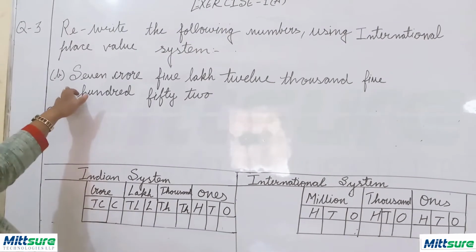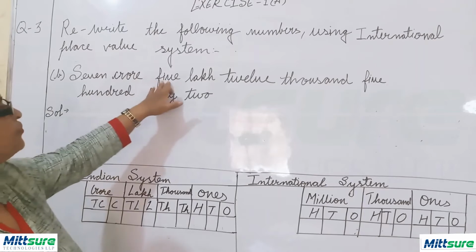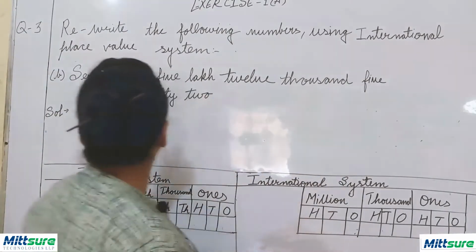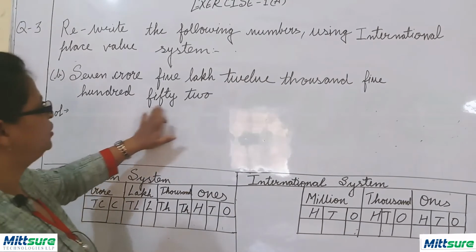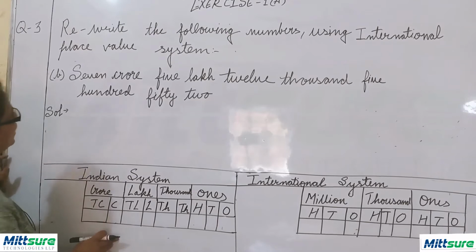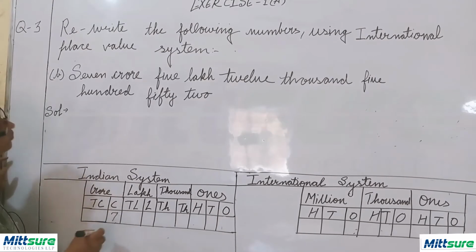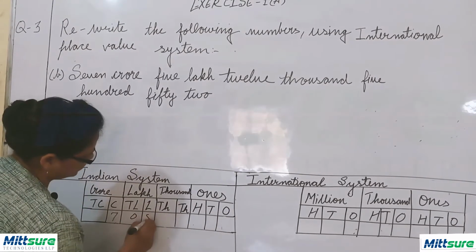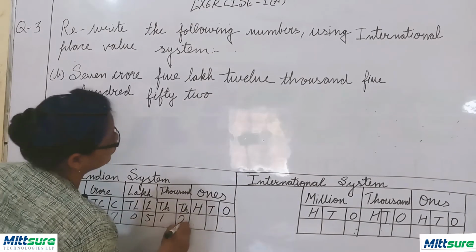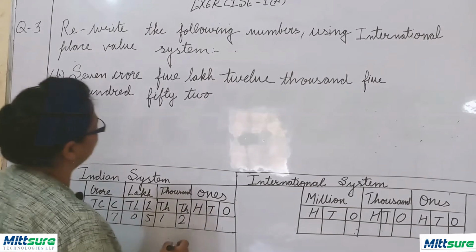Next number is 7 crore 5 lakh 12,552. I will place this number in the Indian system. That will be 7 crore 5 lakh 12,552.